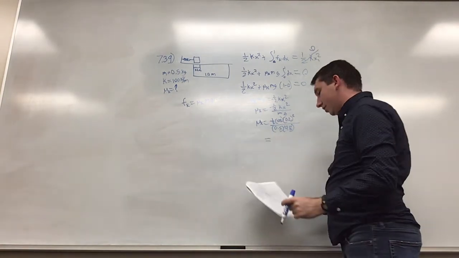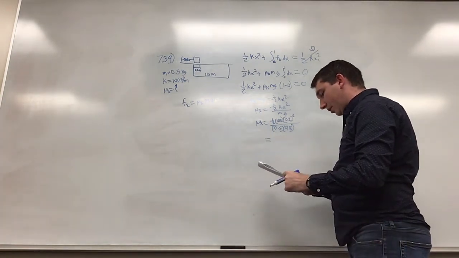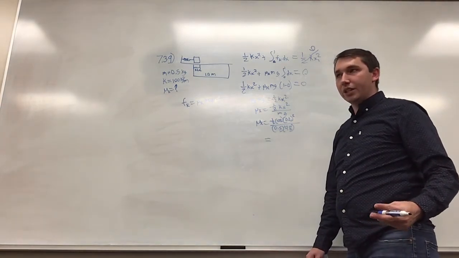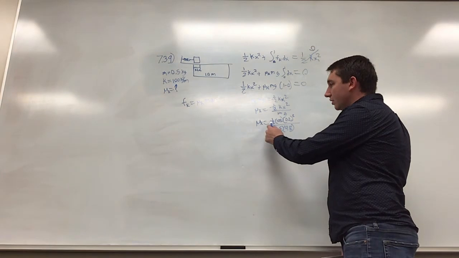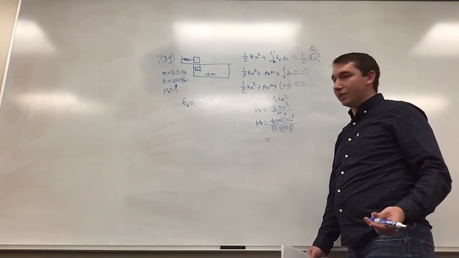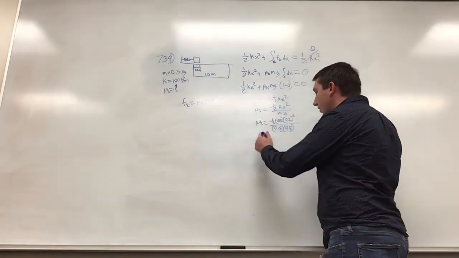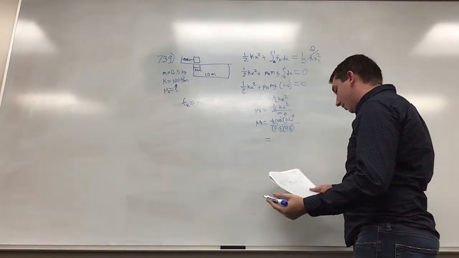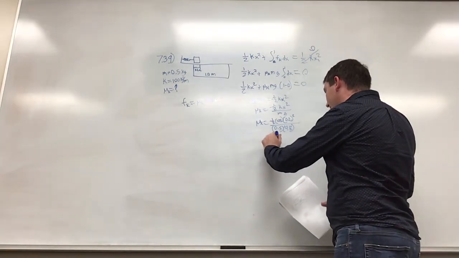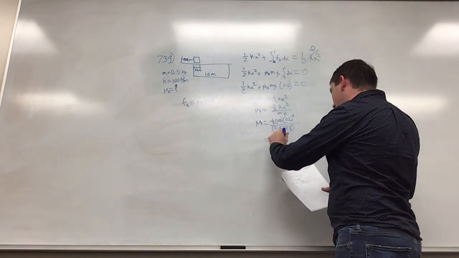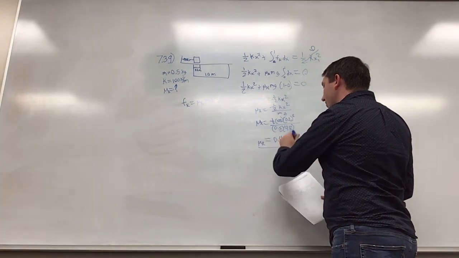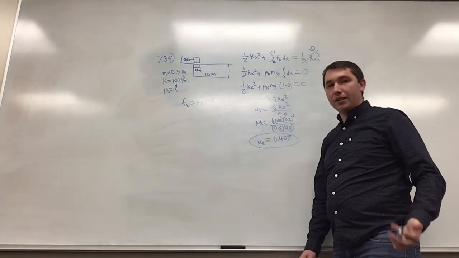And then we know that because friction is going to take energy out of the system, this negative is just really showing us the direction that force is acting on, so it's not really important. So then when you do the math, you find that the coefficient of kinetic friction is 0.407. And that's how you solve the problem.